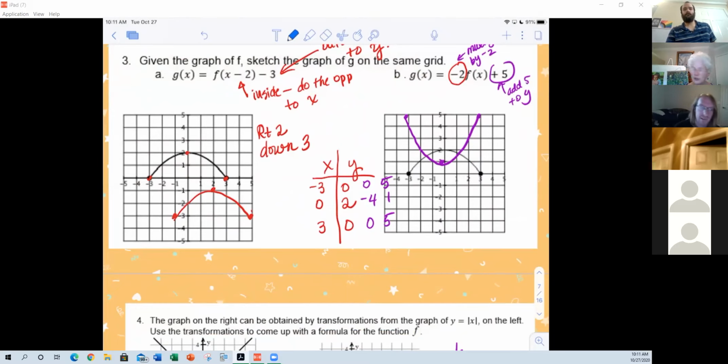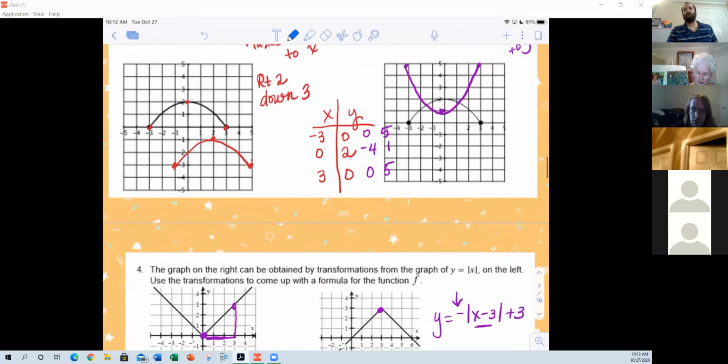A is called a rigid transformation because you're just taking the shape and moving it. If you stretch or shrink it, a lot of times it's easier to use points and apply the transformations to those points.